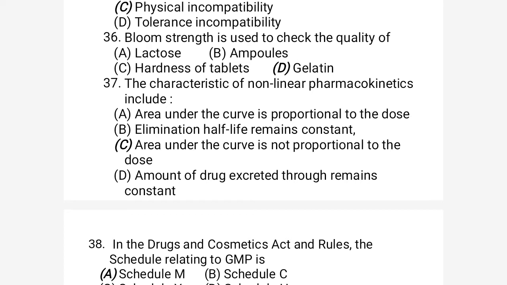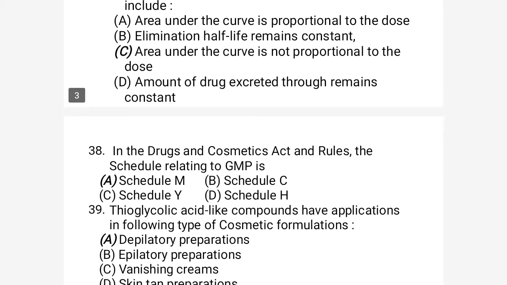That is not for non-linear pharmacokinetics; the half-life would be constant for linear pharmacokinetics. Area under curve is not proportional to the dose. Yes, this is the correct option because this is the characteristic of non-linear. Amount of the drug excreted remains constant, that is not known. So the correct option in 37 would be C, that the area under curve is not proportional to the dose. That is non-linear pharmacokinetics.